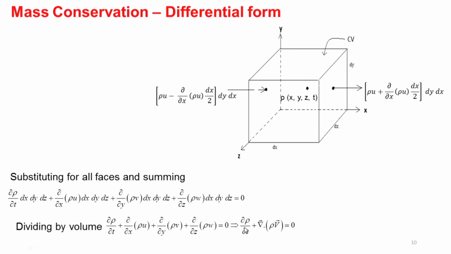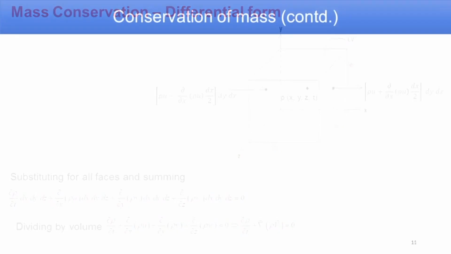And you also know how to write it in other form: dou rho by dou t plus del dot rho v equal to 0. Okay.